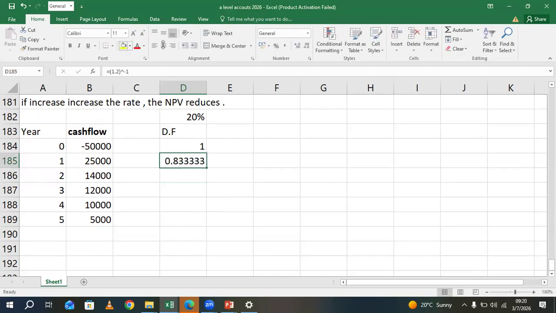So let's just round that to 3 decimal places. So 1.2 to the power minus 2, second year.